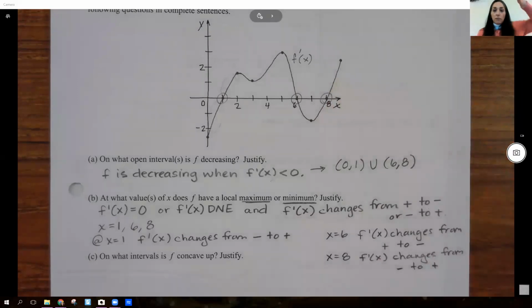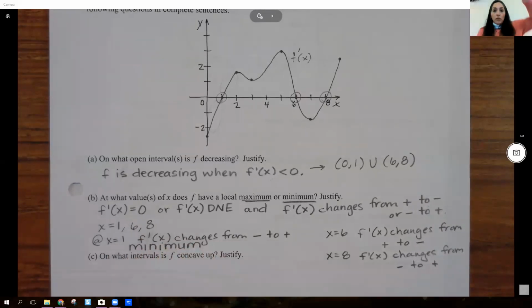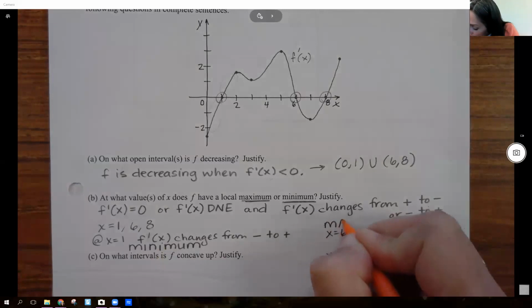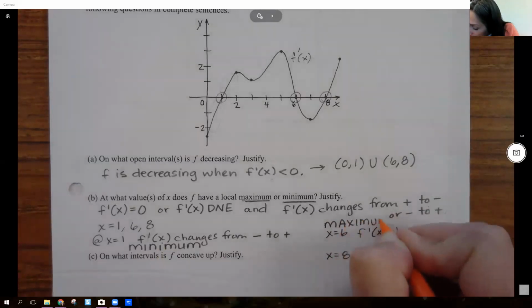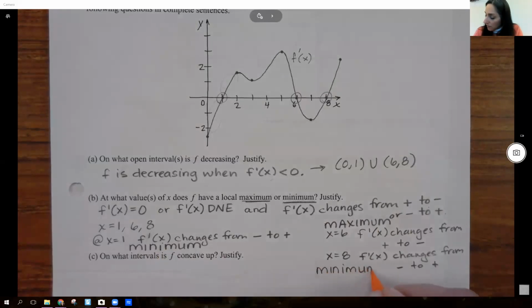So if it goes from negative to positive, this is a minimum. If it goes from, I'm going to draw my picture, if it goes from positive to negative, this is a max. And then this one was another negative to positive, so this is a minimum. Okay.